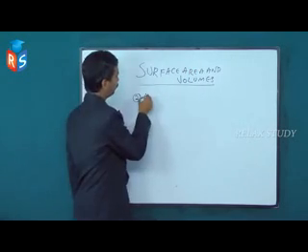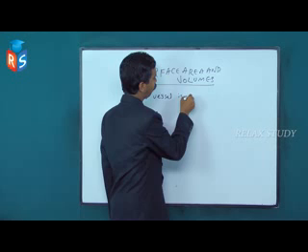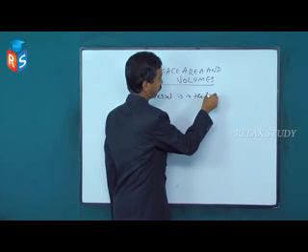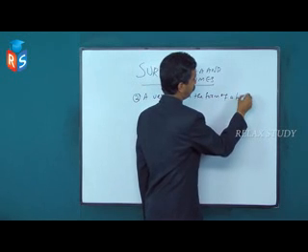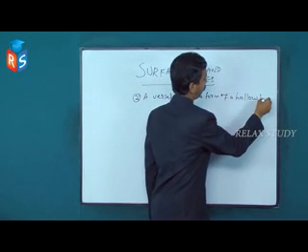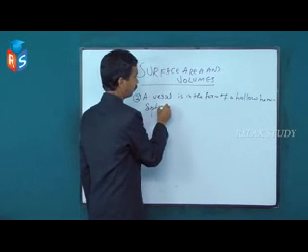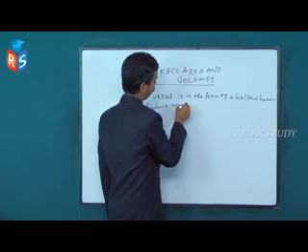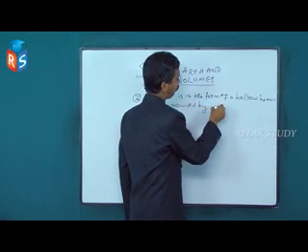Next one, a vessel is in the form of a hollow hemisphere mounted by a hollow cylinder.